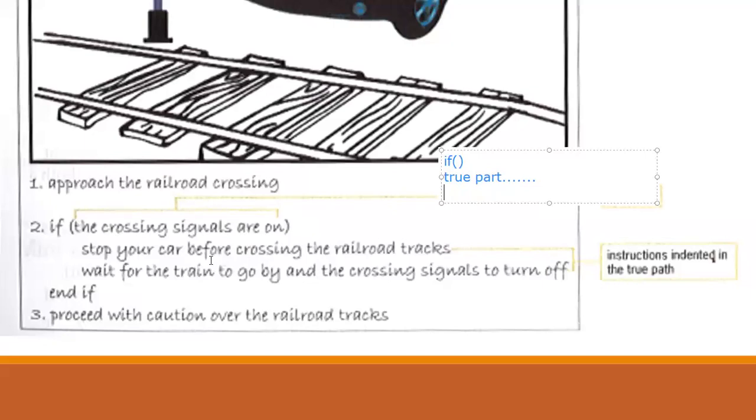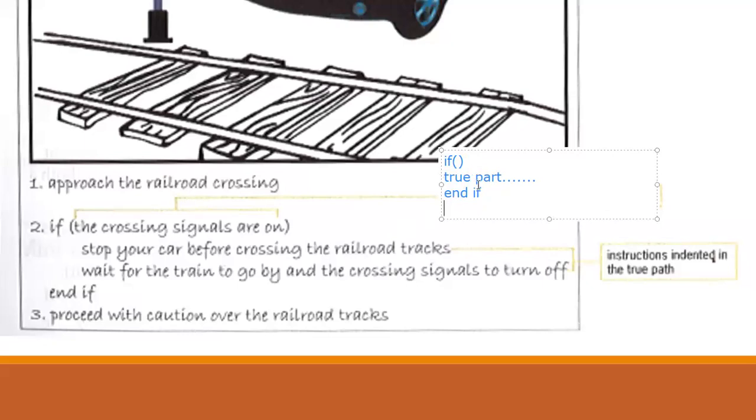If the signal turns off, then the car can move. Then the selection comes to an end, and after the ending you can continue like a sequence: proceed with caution over the railroad tracks.